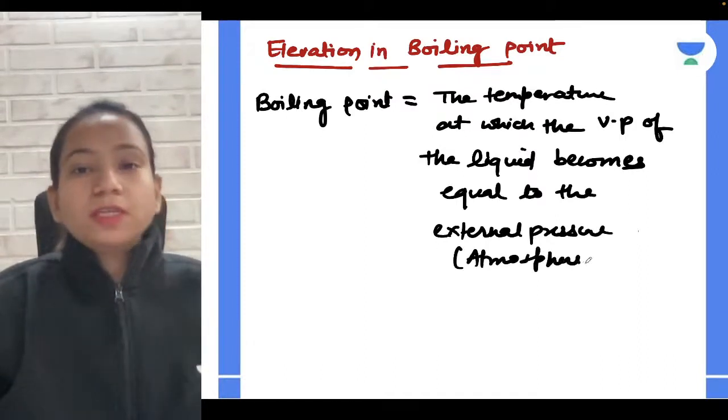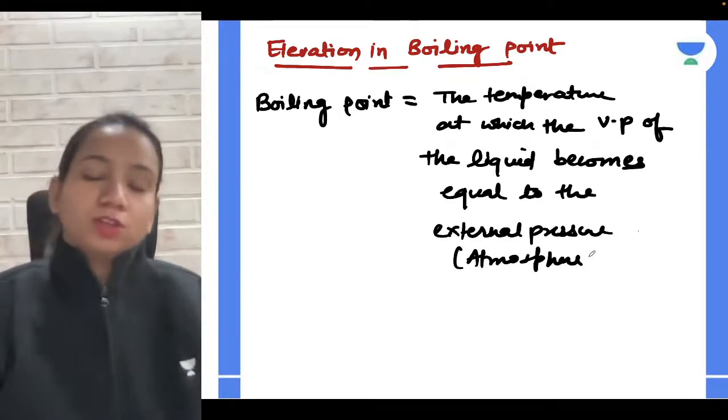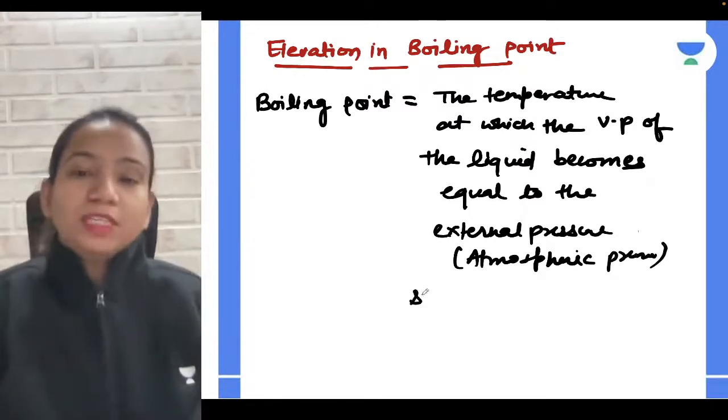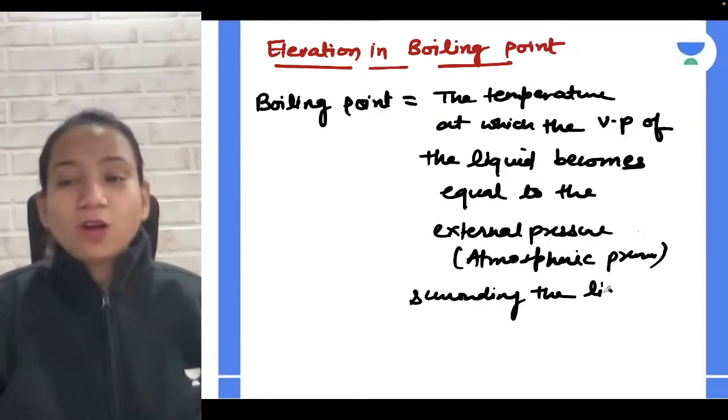So what is boiling point? The temperature at which the vapor pressure of the liquid becomes equal to the external pressure, which we can also relate to the atmospheric pressure surrounding the liquid. This is basically called the boiling point.